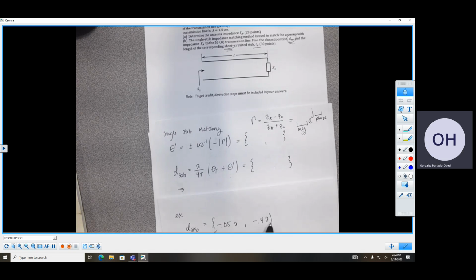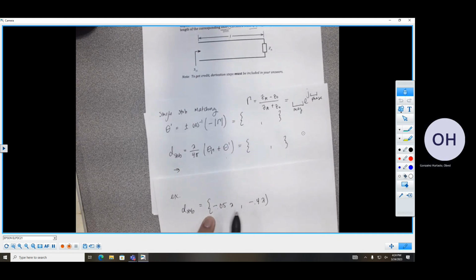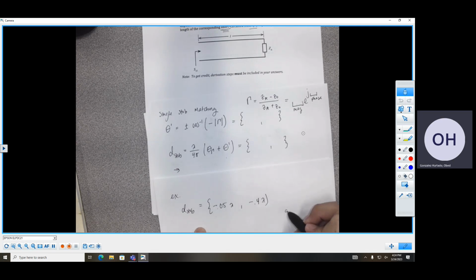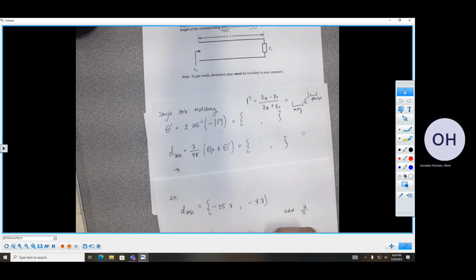Okay, both negatives. So first thing we're going to do, we'll bring them positive. So we'll add half lambda divided by 2. Then we'll get a positive value for both of them.